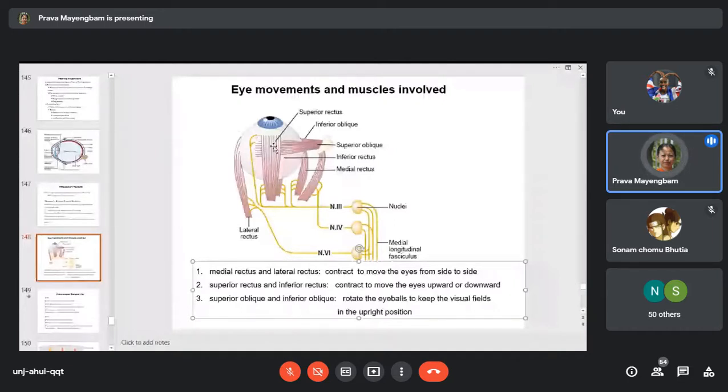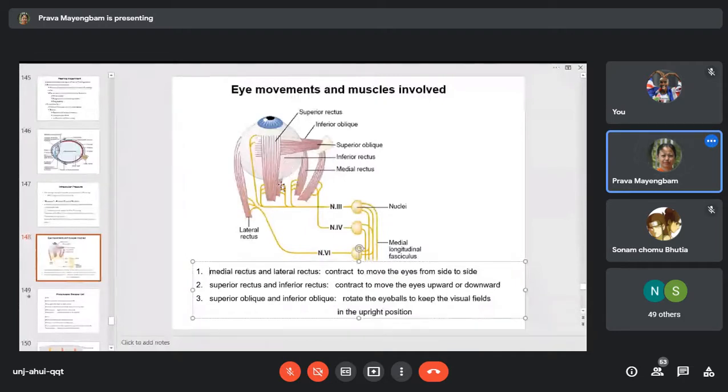Here is the superior rectus, and in the opposite direction there is the inferior rectus, shown here by dotted lines.